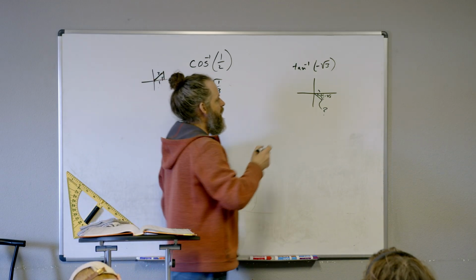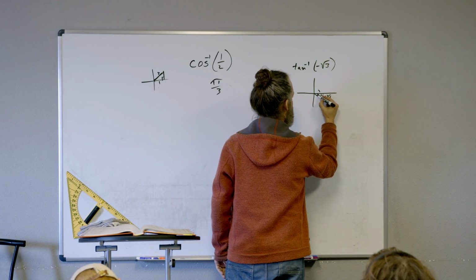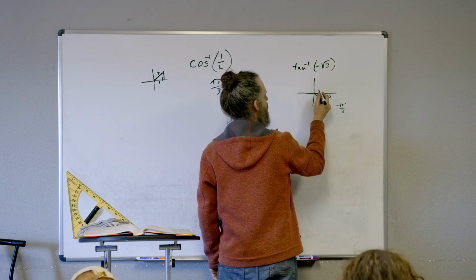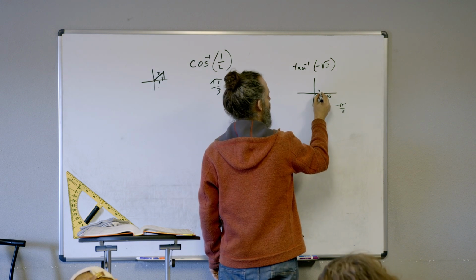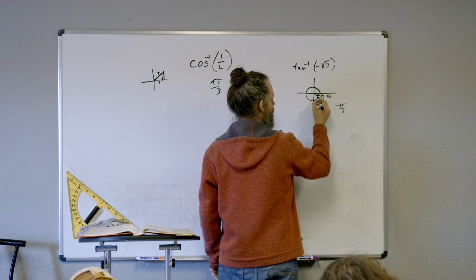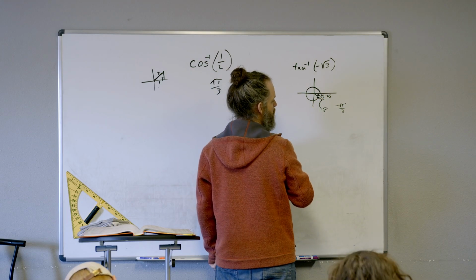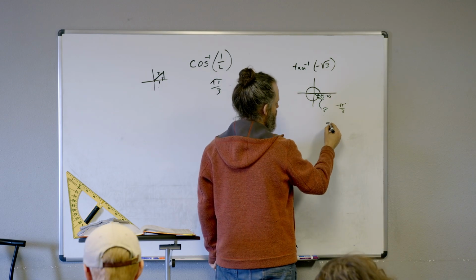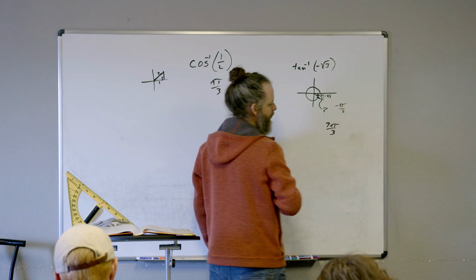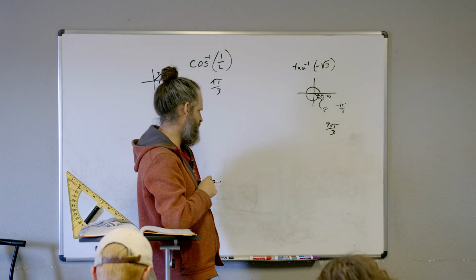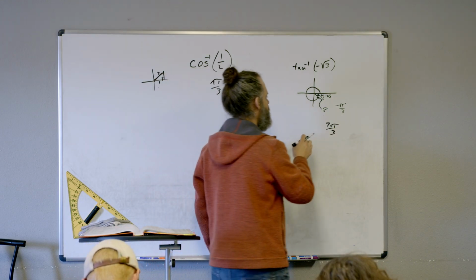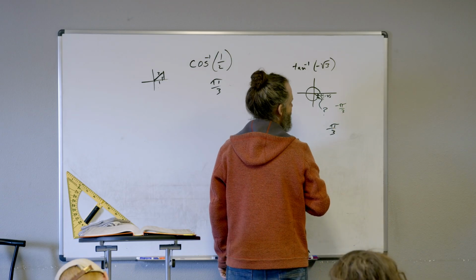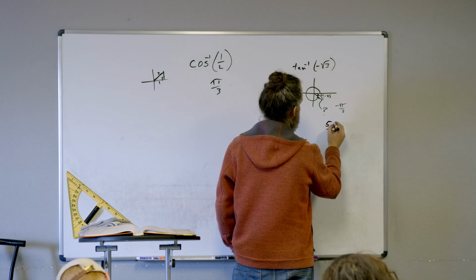If we're drawing from here this way, it's negative pi over 3. Now, if the instructions were to say, write the positive exact value, then it would be positive 7 pi over 3. Is that right? That doesn't sound right. Is it 8 pi over 3? No. 5 pi over 3. Yes. That's what I'm trying to say.